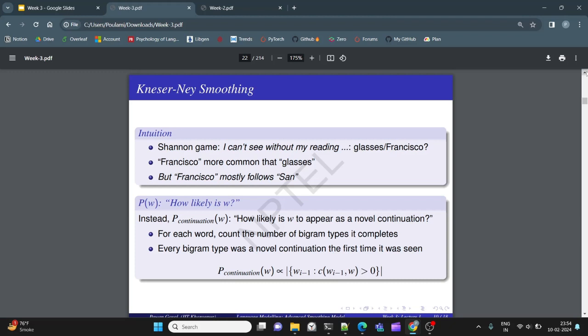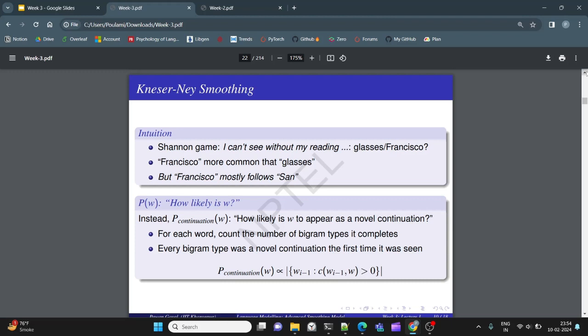So that is the intuition mainly behind Kneser-Ney smoothing that we use. In the corpus, Francisco would be more common than glasses, as we discussed, because it's a document about USA, or a document on San Francisco. But Francisco mostly follows San and not any other word in the corpus.